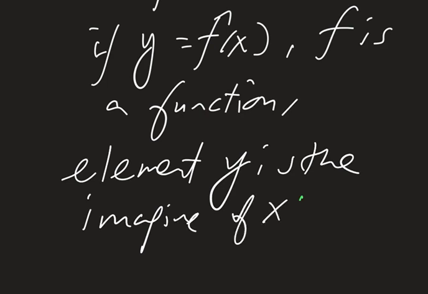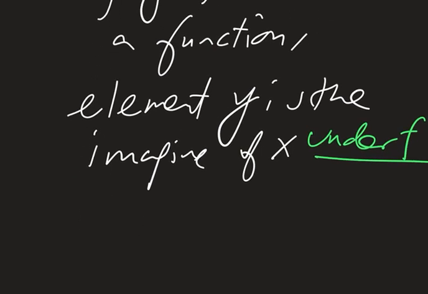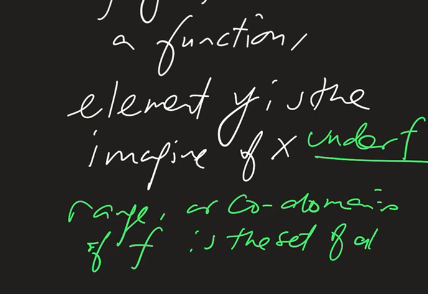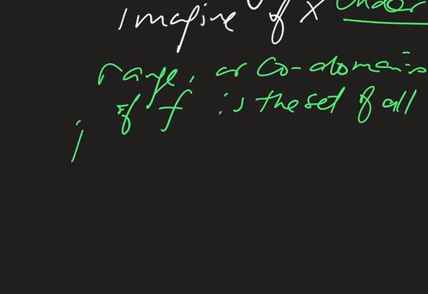You see the definition is under f. So f maps x to y, mapping. So the range, we call it co-domain, but normally we use the word range. It's easier to understand. The range of f is the set of the image or images. This is more difficult to find.